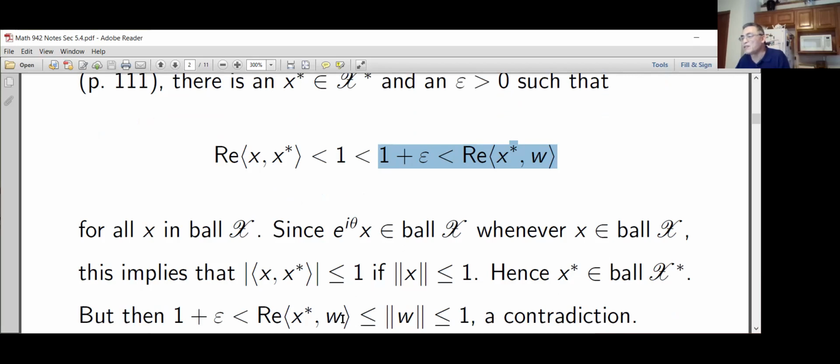This w also has a norm less than or equal to 1. So this is less than or equal to 1. So we get 1 plus epsilon is less than or equal to, is less than 1. So this is a contradiction.